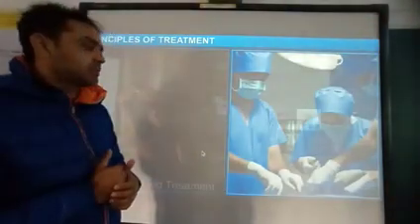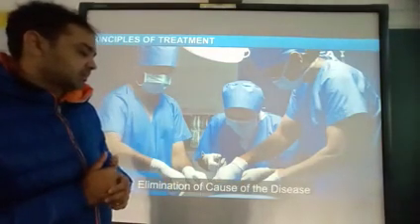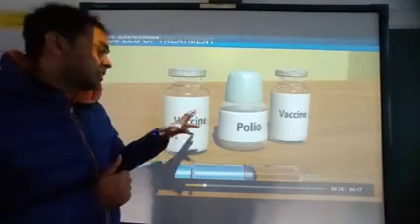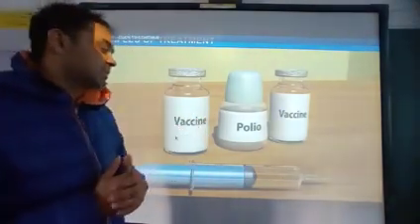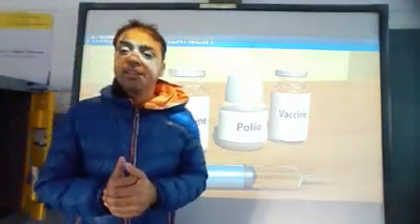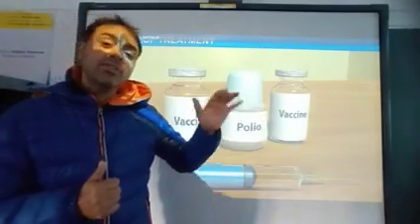The other way eliminates the cause of the disease. See, these are the different methods: the elimination of the cause of disease, like the different vaccines that are present for the different diseases. These vaccines are helpful in the elimination of the cause of disease.